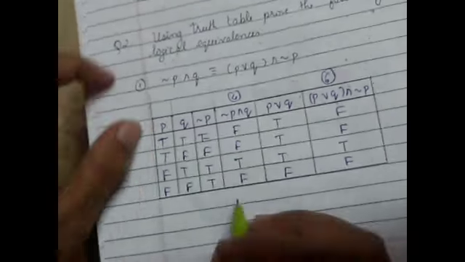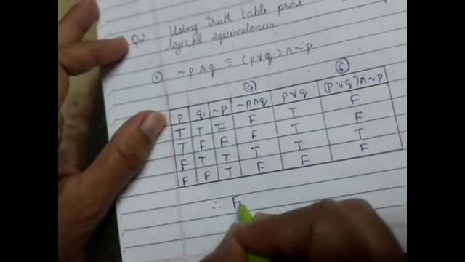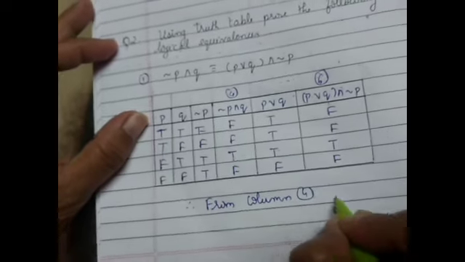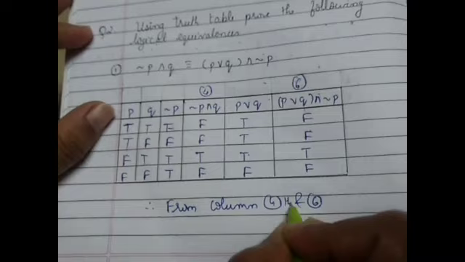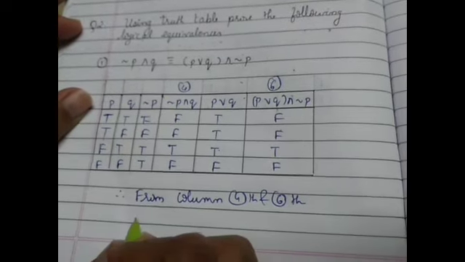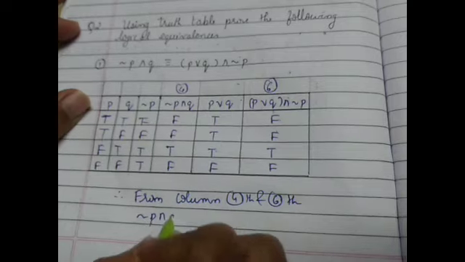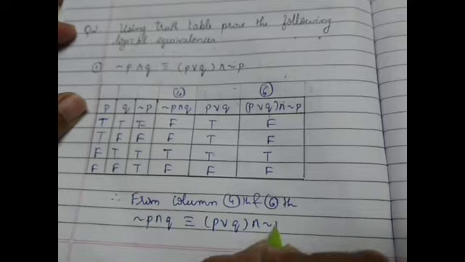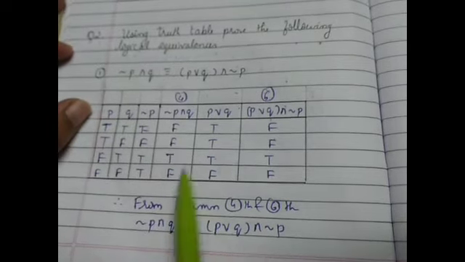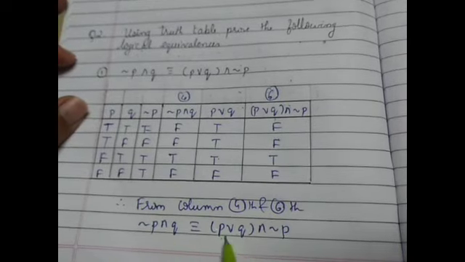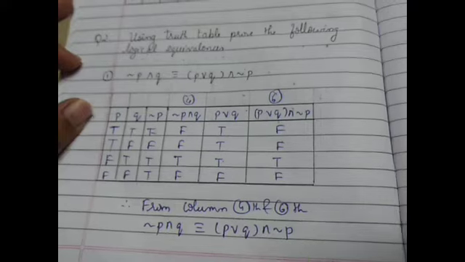Therefore from the fourth and sixth column, negation P and Q is equivalent to P or Q and negation P. See, entries in both columns are equal.